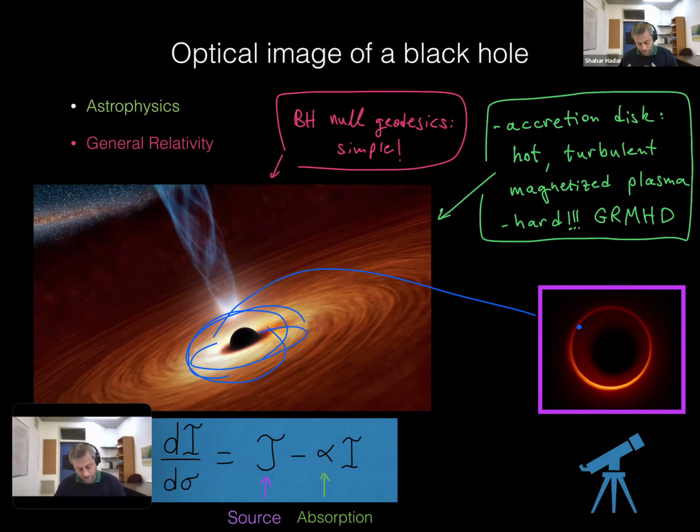And the astrophysics part is very complicated. There are some things there that still demand a better theoretical understanding, even in principle, like how the accretion disk works, and solving for a magnetized plasma in a curved background.